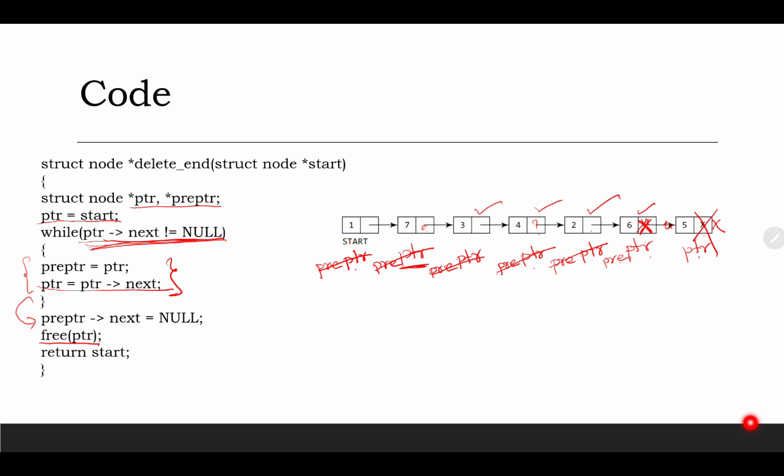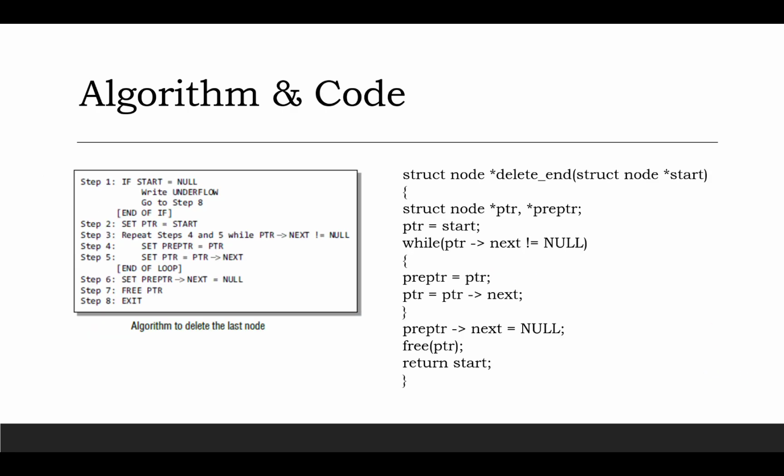This condition is important. By using this condition only, we find the last node and remove it from the list. This is the algorithm and the code. First we check the underflow condition. Then it is the same: ptr is equal to start. Then we use the while loop, checking ptr->next is not equal to NULL.